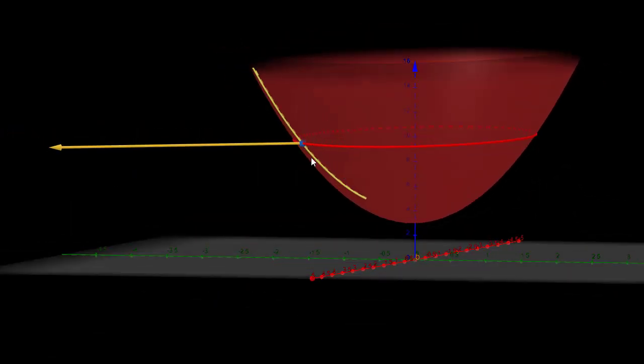And note that only works at this particular point. But if this is the direction of steepest ascent, then this, down this way, is the direction of steepest descent.